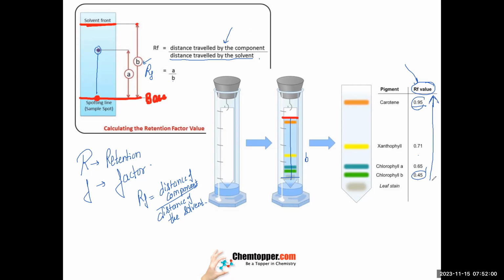So I want you to check from this to this. If RF value is high, then the attraction is more with the solvent or with the paper? Check. Carotene has the highest RF value. Is carotene more attracted to the paper or to the solvent?